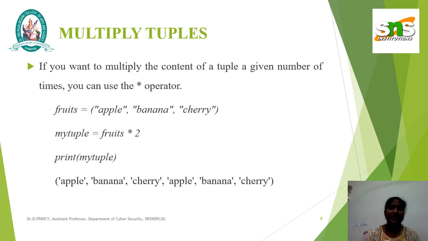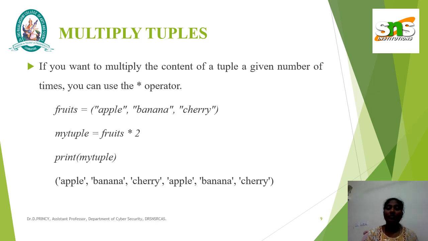Multiply tuples. Sometimes we want to perform a Cartesian product, that is, multiplying the content of a tuple a given number of times. For that purpose, we use the asterisk operator. When unpacking a tuple, the asterisk operator stores the remaining values into the last variable.